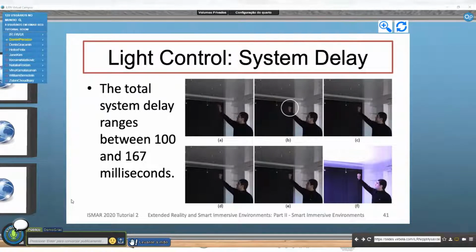So now we have from B to F, roughly 3 to 4 frames. Therefore, we can have a delay between 100 and 167 milliseconds, which is modest enough for this particular task.